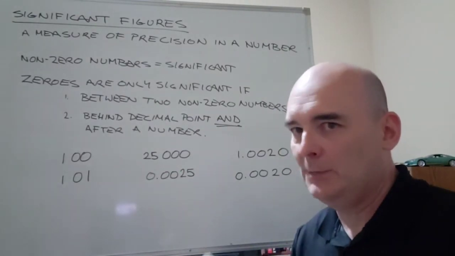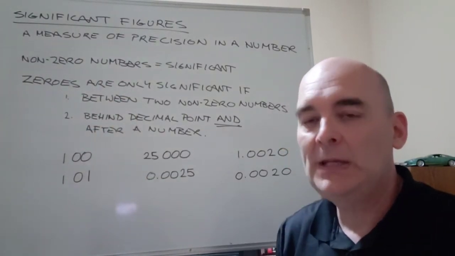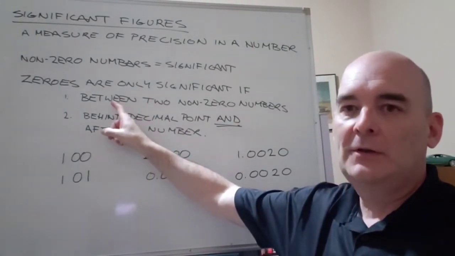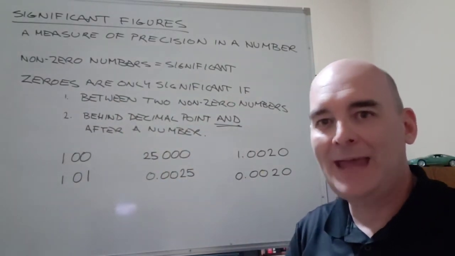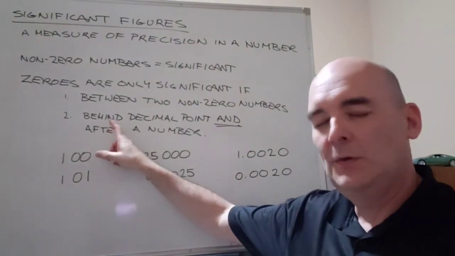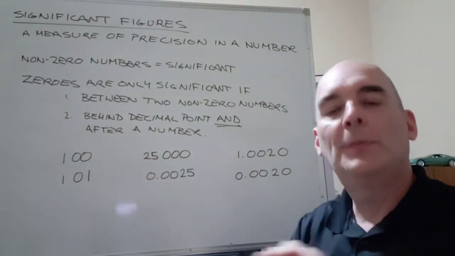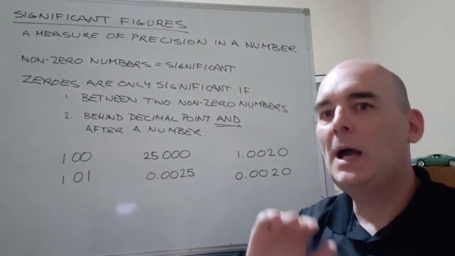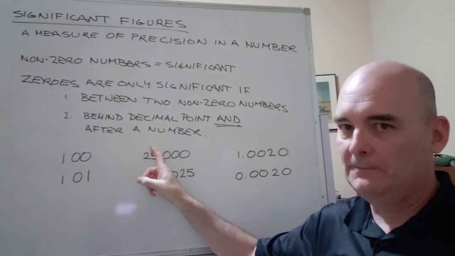You count that as being part of the precision of the number. But zeros can be significant under certain circumstances. If there is a zero and it is between two other numbers, then that counts as a digit of precision. And you count them if they are behind the decimal place, but not just exclusively if they're behind the decimal place. They have to be behind the decimal place and after a number.